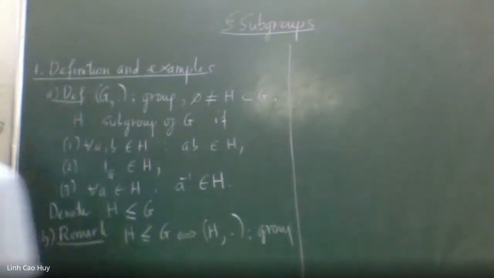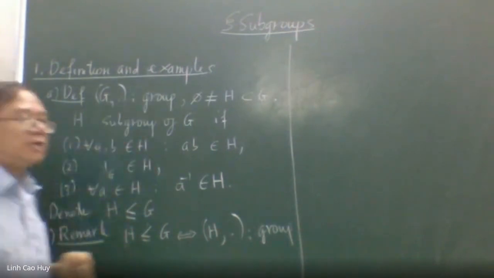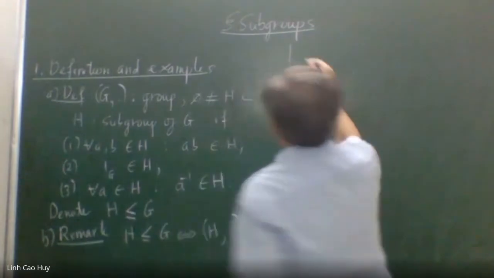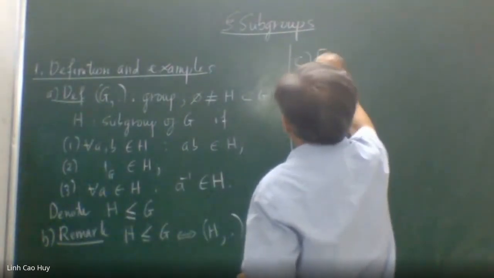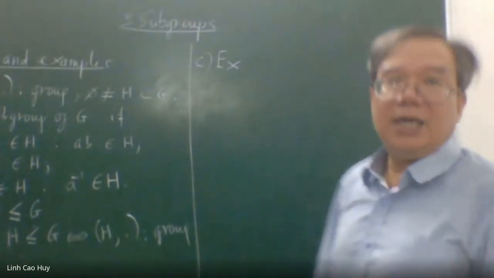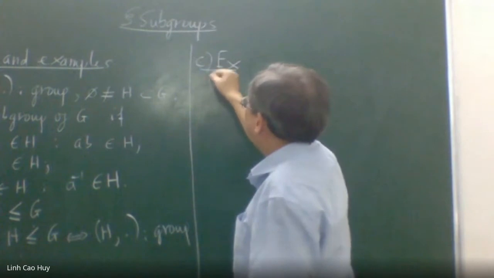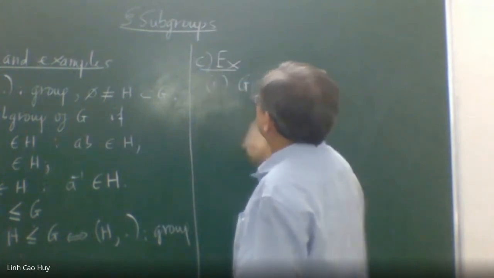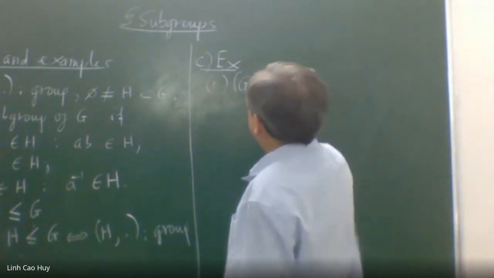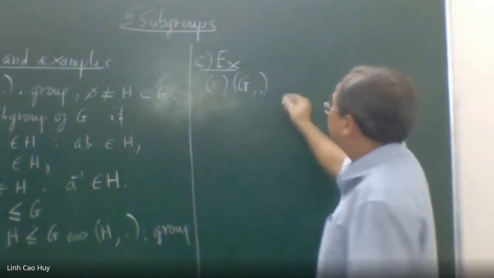Now we take some examples to illustrate it for you. See the example. Now we take the first one. Let G be an arbitrary group.